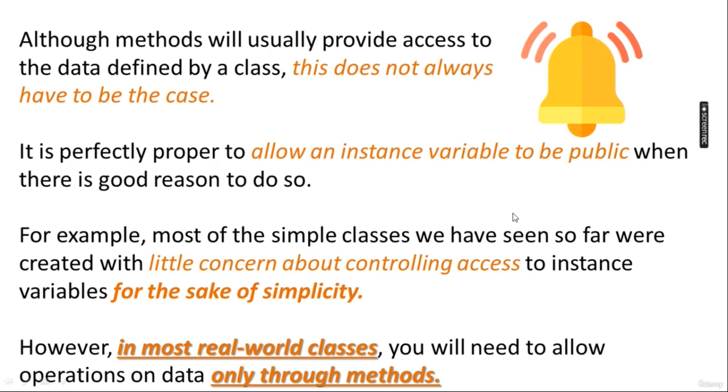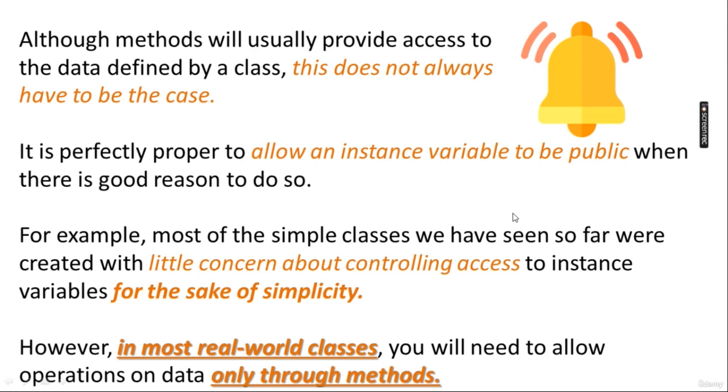Most of the simple classes we have seen so far were created with little concern about controlling access to instance variables, for the sake of simplicity. So whatever programs we have seen so far, we have declared them as public or by default public. So there was no need, as no confidential data was getting modified.